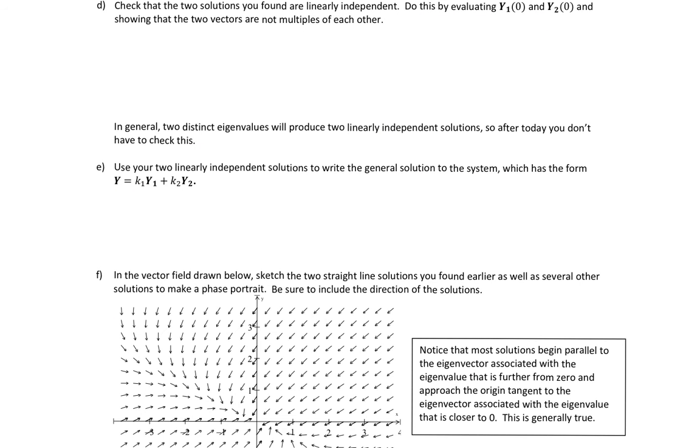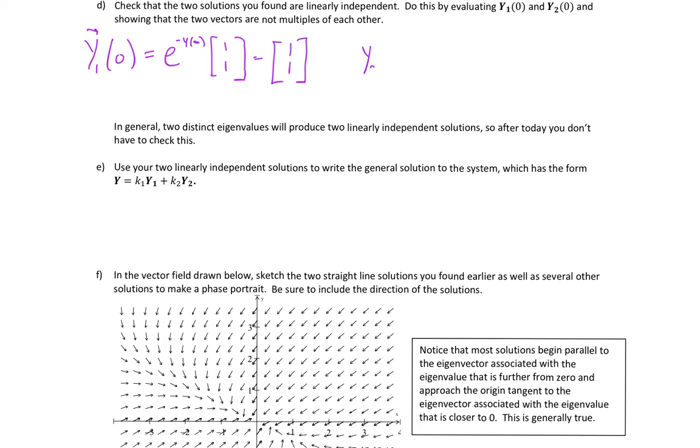Now we check that the two solutions are linearly independent by evaluating y1 and y2 at 0 and showing that the two vectors are not multiples of each other. So y1 of 0 is e to the negative 4 times 0 times (1, 1), which is (1, 1).